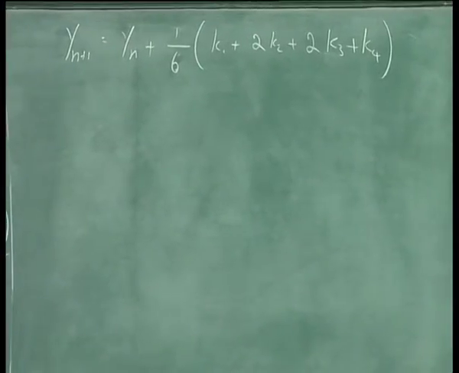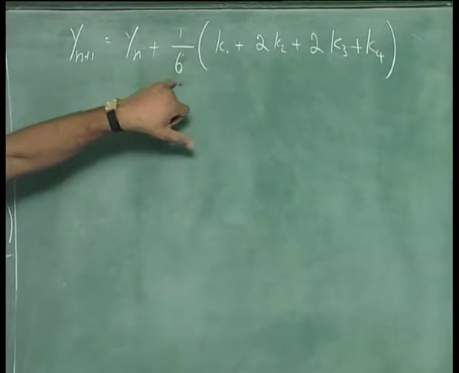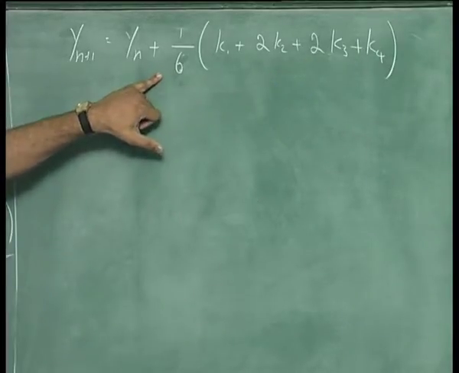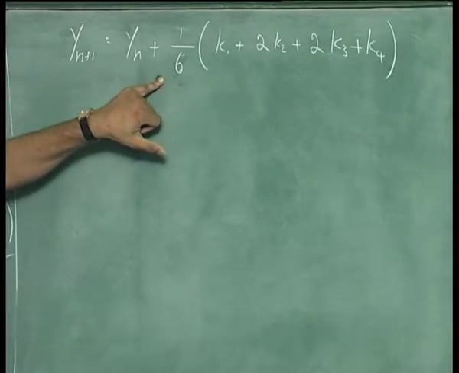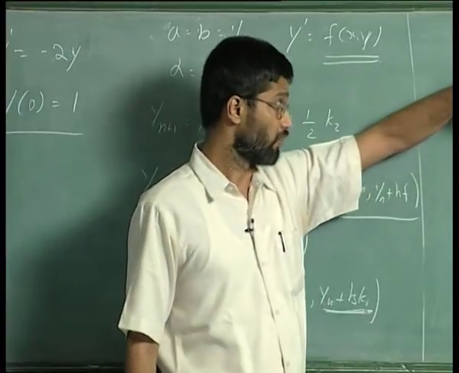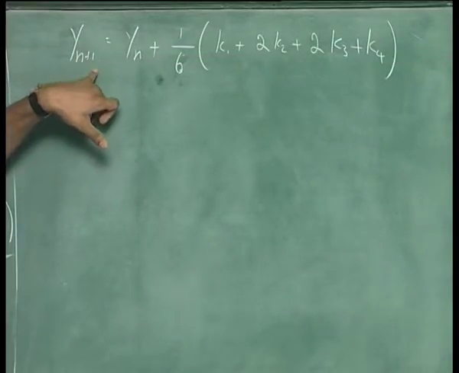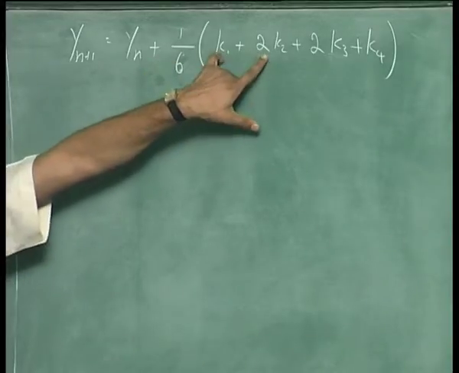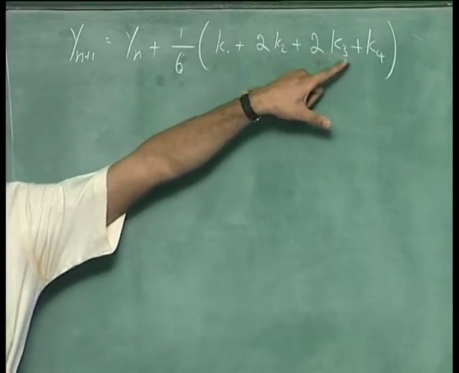So these numbers, that is 6 and 1, 2, 2, 1, are arrived at using a similar scheme as what we had done for the second order scheme. That is, we would write yn plus 1 as yn plus, I would say, ak1 plus bk2 plus ck3 plus dk4.